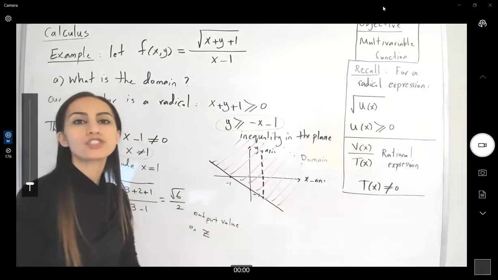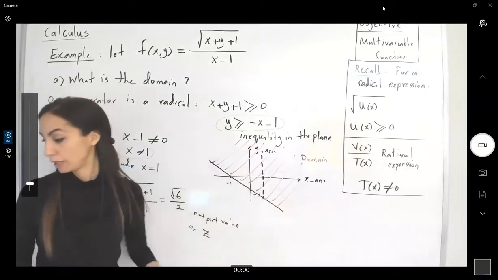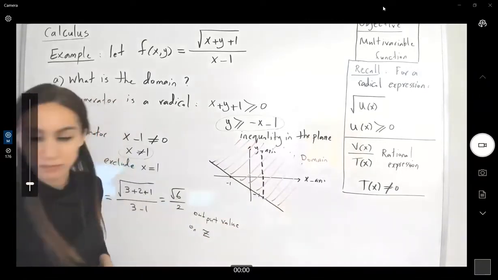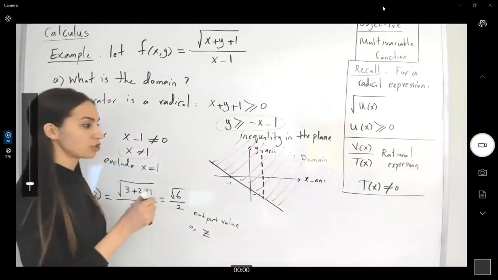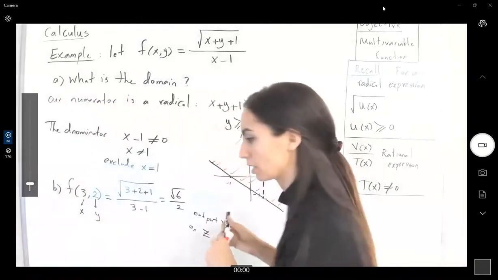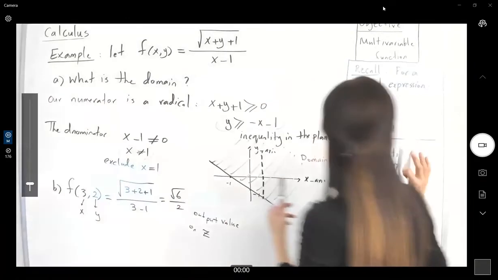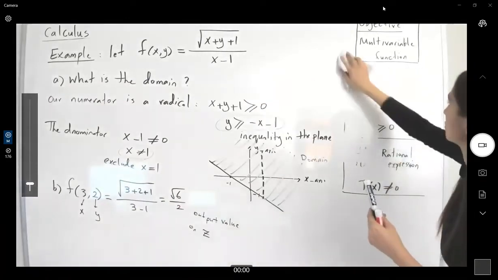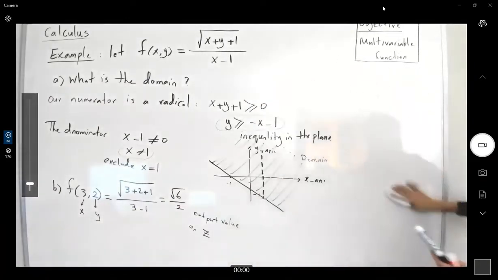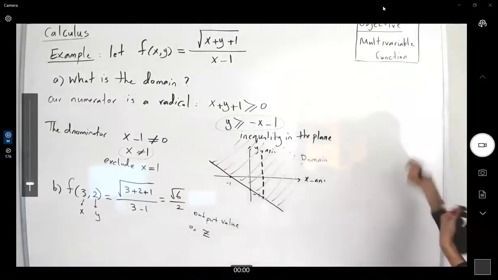How do we officially write down the domain of this function? The domain of this function can be written this way. Let me erase this part of the board. We're going to use set notation.